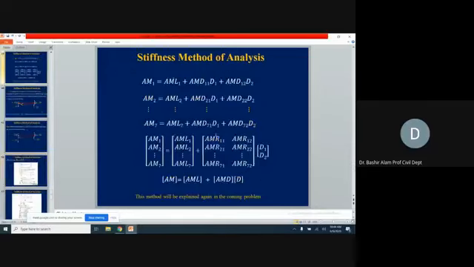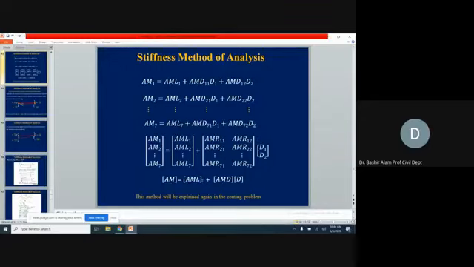After this, we write these simultaneous equations and solve for the unknown AM values, because AML is known. This should be AMD actually, not AMR here; this matrix is made out of these AMD, so this is AMD1 and so on.